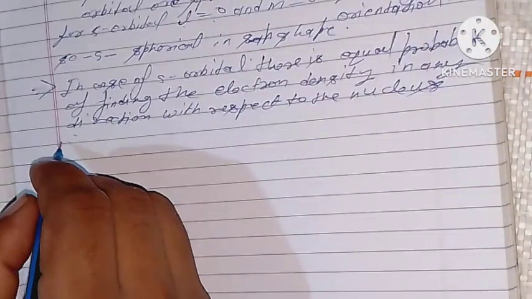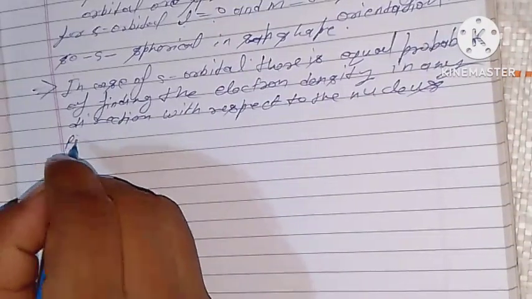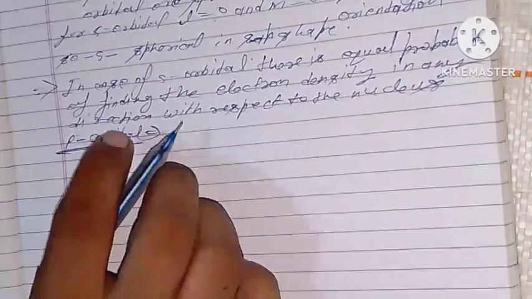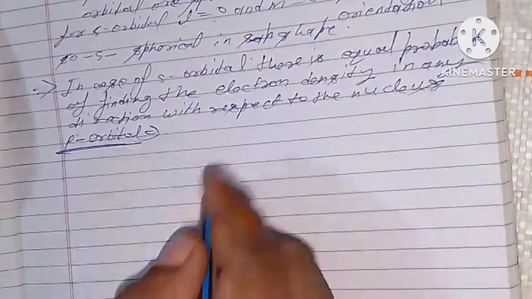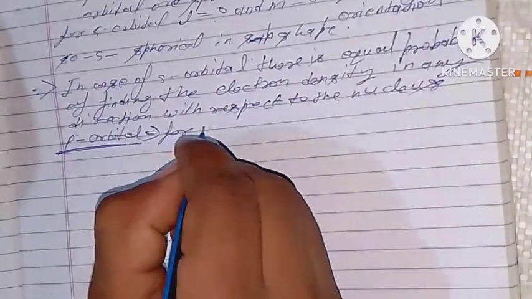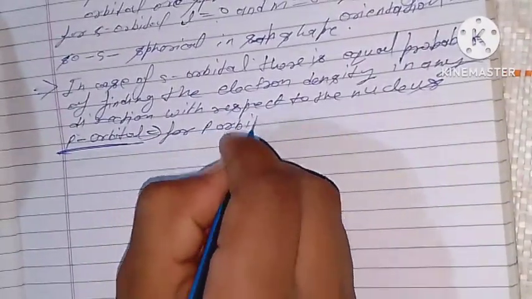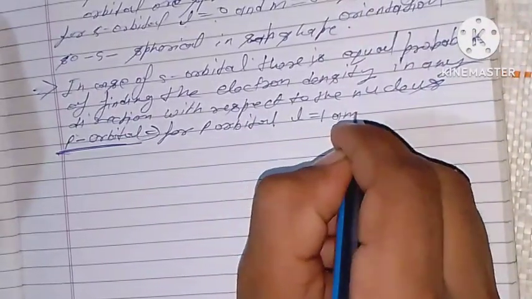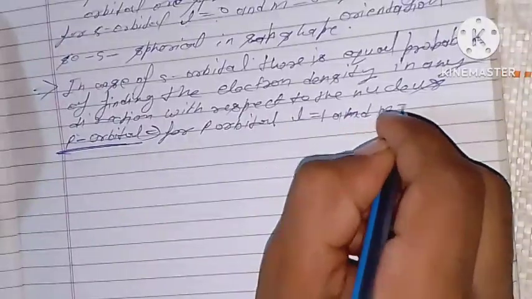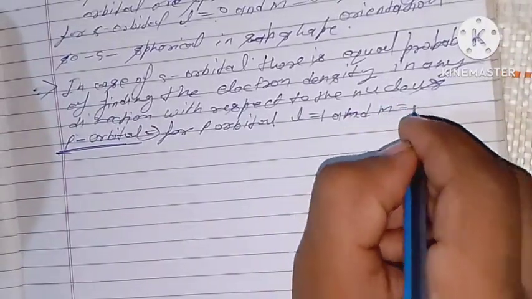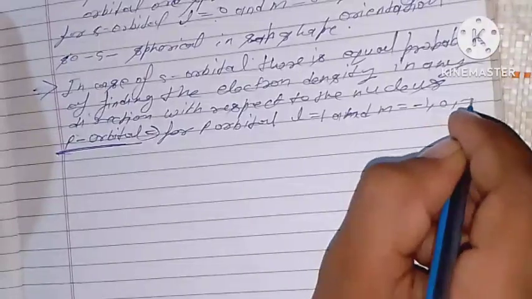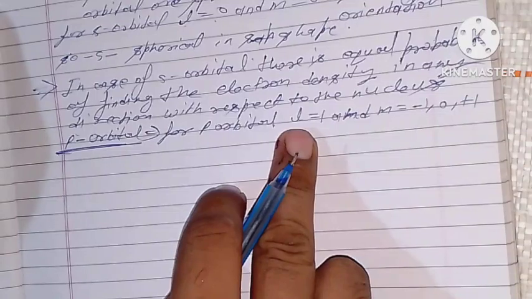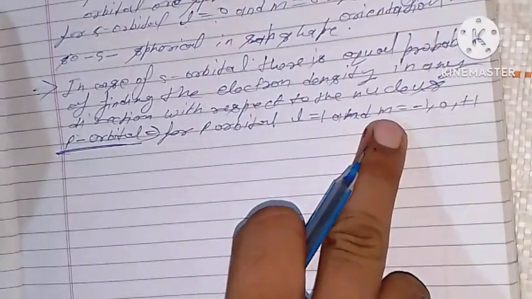We are talking about p orbital. For p orbital, l equal to 1 and m equal to minus 1, 0, plus 1. l means azimuthal quantum number and m means magnetic quantum number.